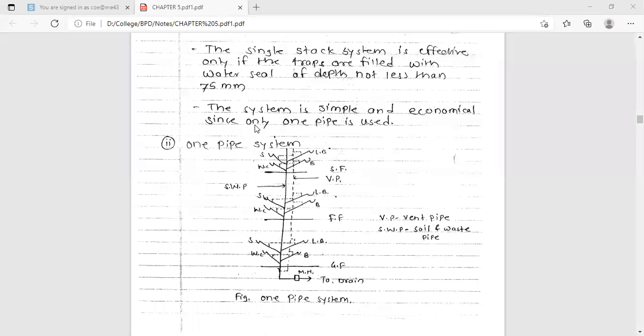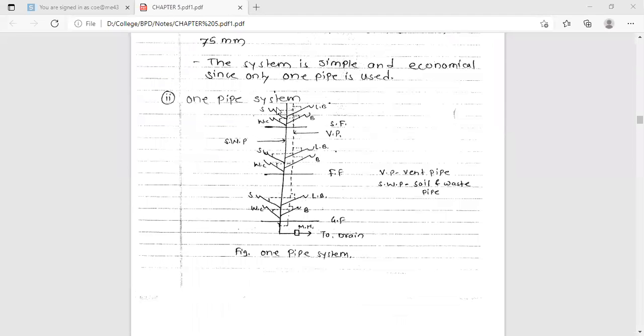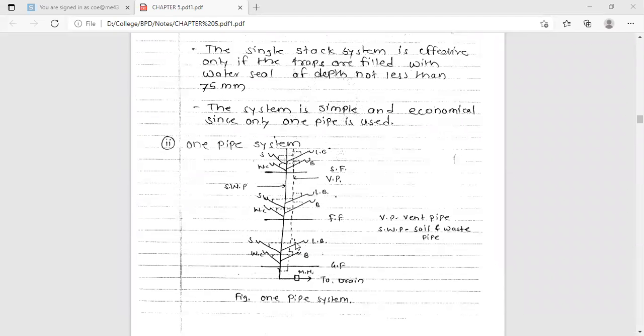Then the second system is the one pipe system. Here, the difference between the one pipe system and the single stack system is that in the one pipe system we are going to provide a vent pipe.